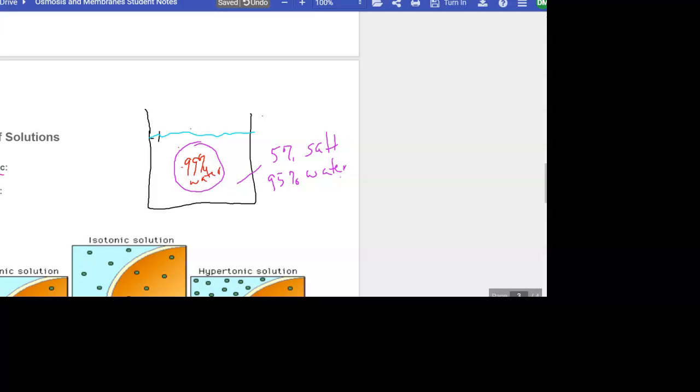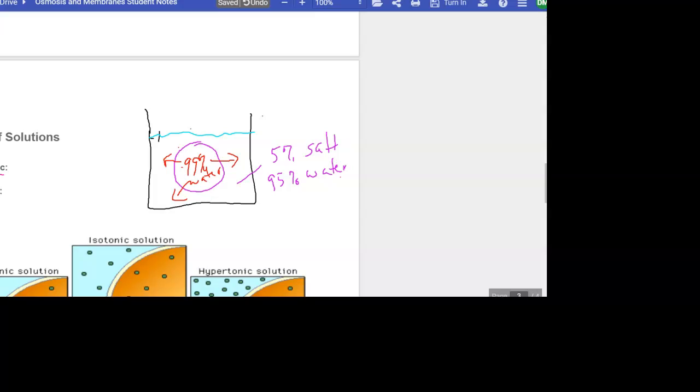Since osmosis is the diffusion of water across a cell membrane or any semi-permeable membrane, we ask ourselves, where is water in highest concentration? Well, 99% is bigger than 95%. So water will move out of the cell by osmosis. Even though there's more volume of water outside the cell, the concentration of water is greater in the cell than out, so water moves out.